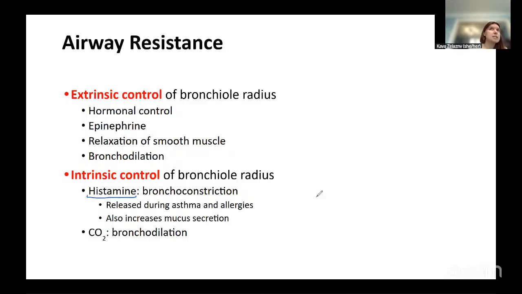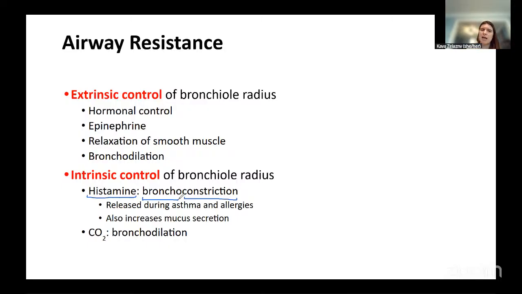But in your lungs, what we're focusing on more is that histamine gets released during asthma attacks and during allergies. Anybody who has asthma or allergies, or knows anyone who does, knows that this visibly makes it harder to breathe. This is because of bronchoconstriction. That histamine itself constricts our bronchioles, makes them a bit narrower, and makes that resistance higher. This is part of why it gets harder to breathe.